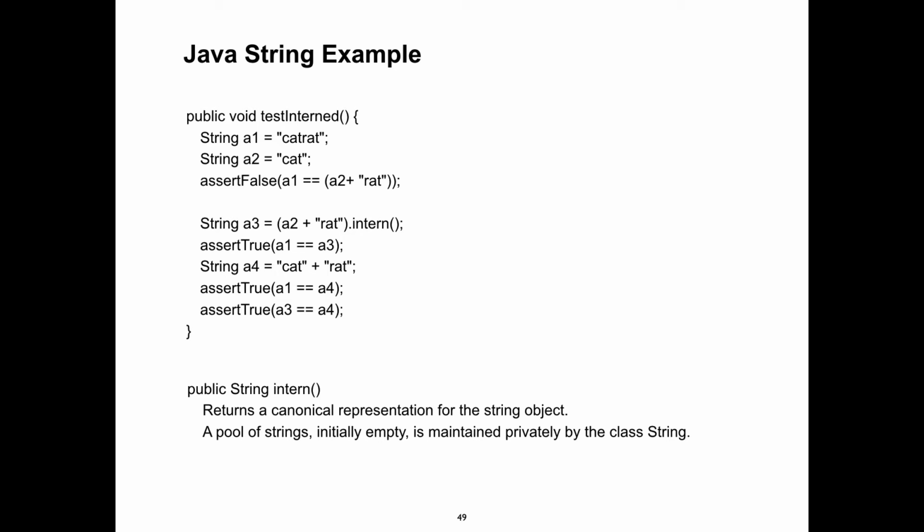And then yeah, so A1 is not equal to A2 plus rat, right? But I can now say A3 is equal to A2 plus cat, intern. And now A1 and A3 are the same. And I can then say A4 equals cat plus rat, and it's the same as A1.